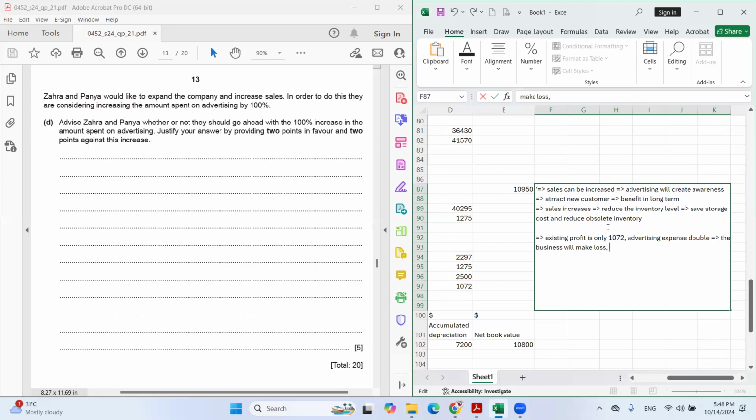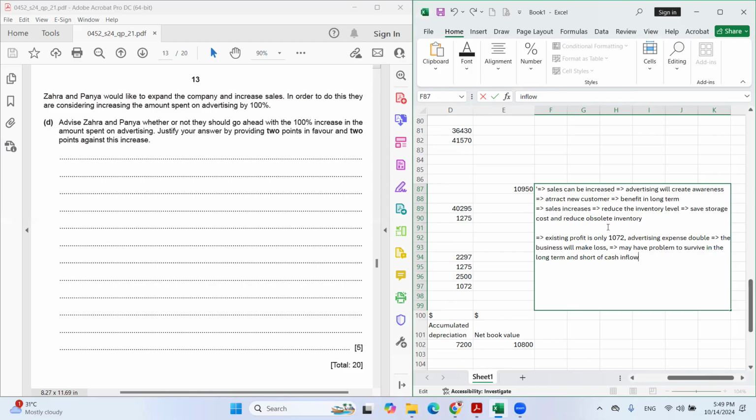So when it makes losses, it may have problems to survive in the long term and be short of cash inflow. So this would be a risk to the business.